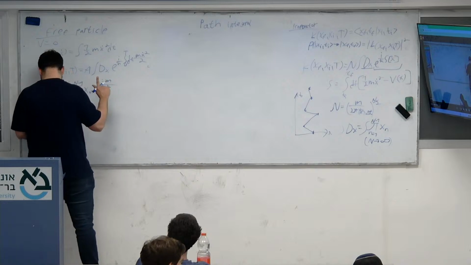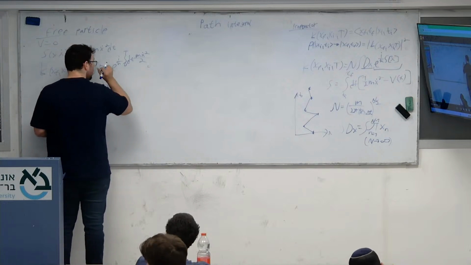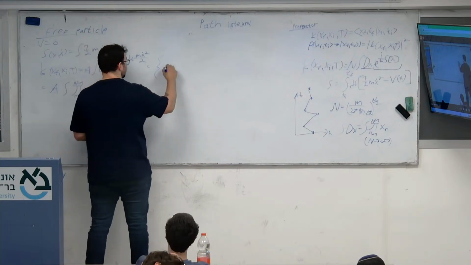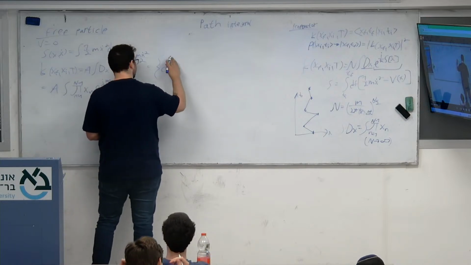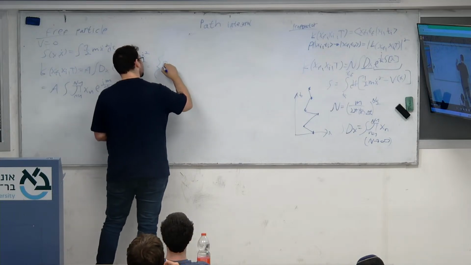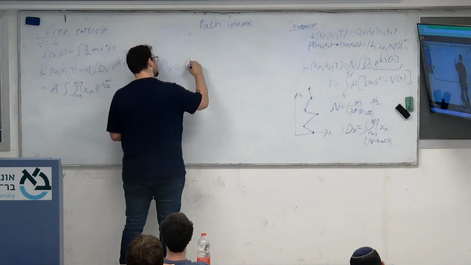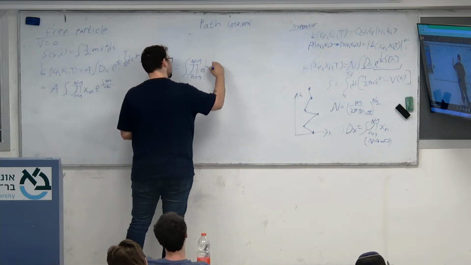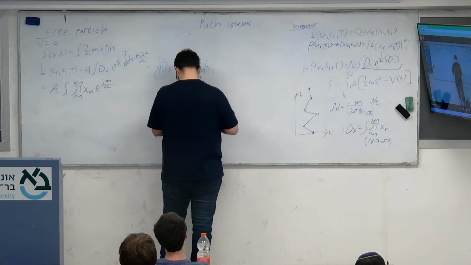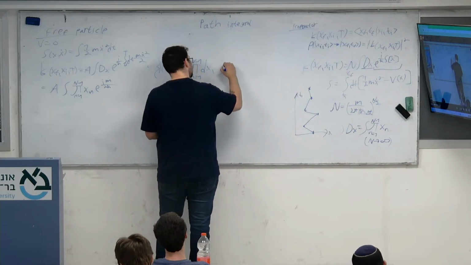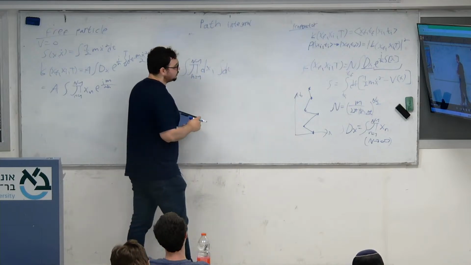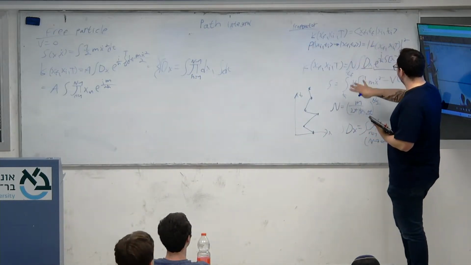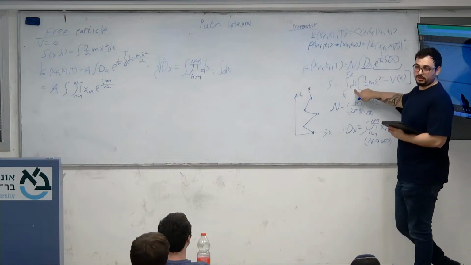Oh, wait, I skipped them. Let me just write here what we're doing to get it out of the continuous. We also need to do the same treatment with our time integral, because we're no longer continuous.